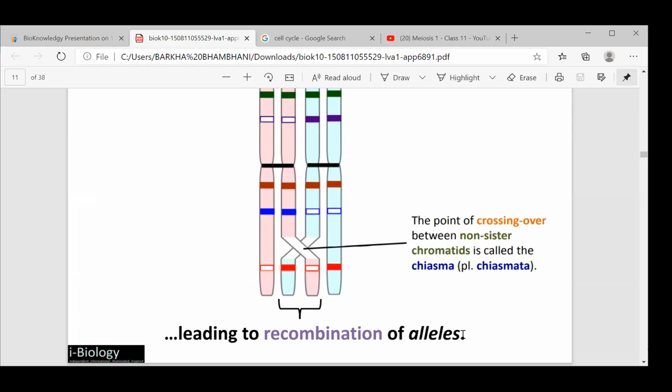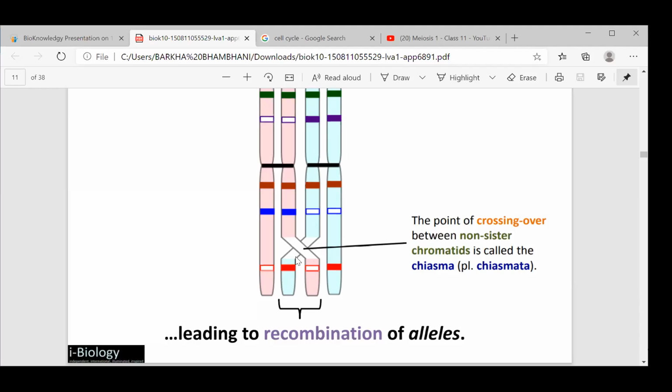Means different variation. So suppose this one had the allele for color blindness. Now color blindness is recessive if you remember. So if suppose this is for the color blindness and this one has the dominant one which does not have color blindness, when it is getting crossed over, there is a possibility that one child will have color blindness, even if it's a recessive.